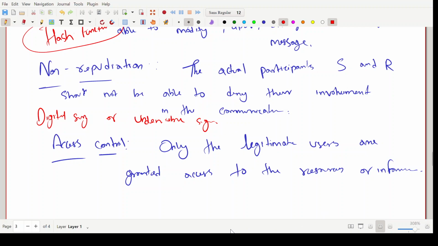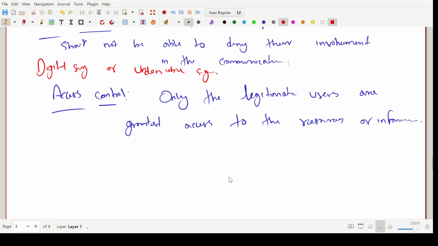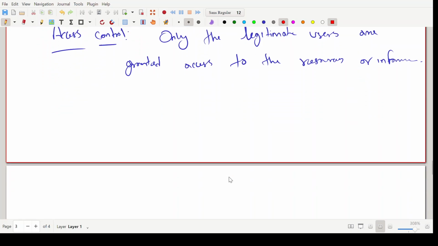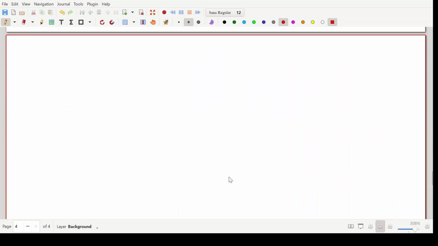Okay, next is access control. Access control means only legitimate users are granted access, that means any third party should not be able to get access to the resources, something like that. Okay, now let us see the classifications of crypto system.